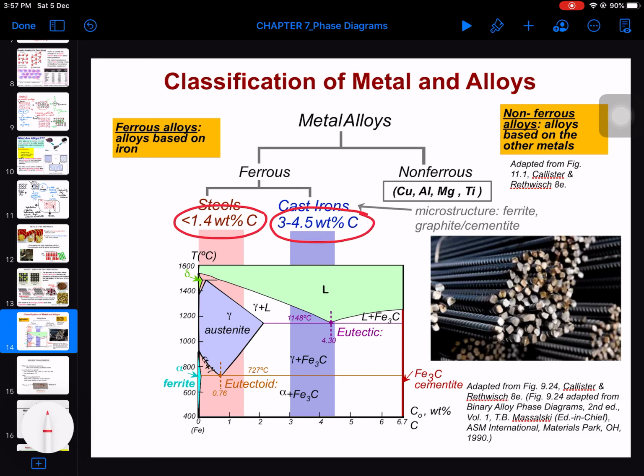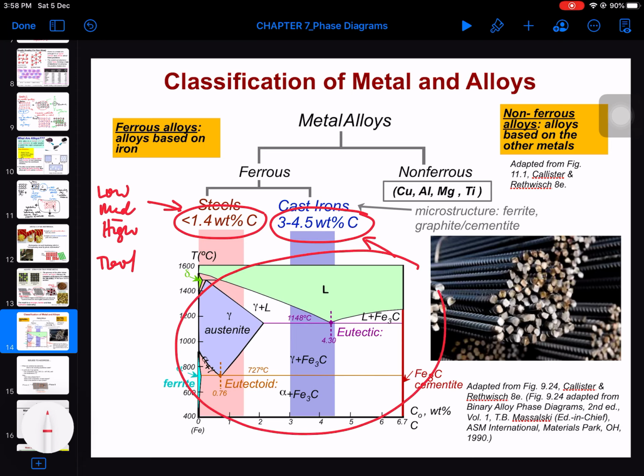Steel normally contains a lower percentage of carbon, less than 1.4 weight percent, and from 3 to 4.5 weight percent carbon, it falls under the category of cast iron. Steel can further be subdivided into low carbon steel, medium carbon steel, high carbon steel, and tool steel, which has a higher carbon percentage.